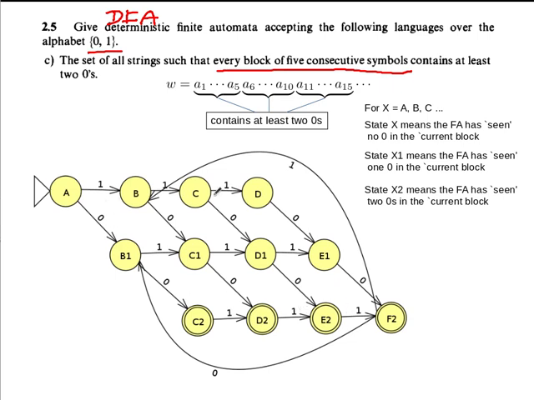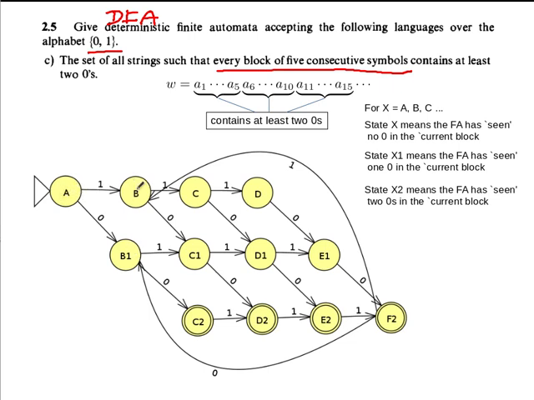Now, how did I come up with this DFA? I mean, it has so many states, 12 states. So now, what is the idea? You see, as I said, you need to assign some kind of meaning to your states. And the meaning that we have here, first of all, you see that if you start here, then after processing one symbol you are either here or here.